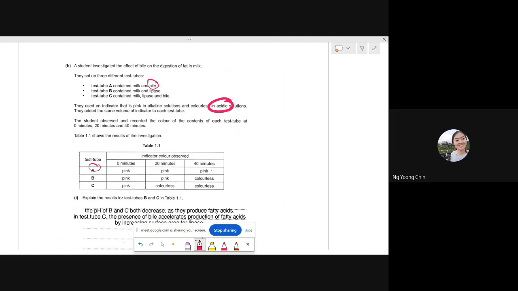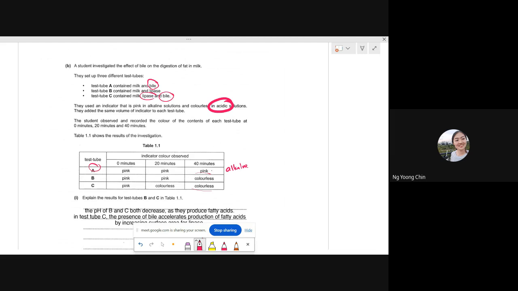But in B and C, they already become acidic because they become colorless. However, C changes faster compared to B. Why? Because C contains both the bile and the lipase.